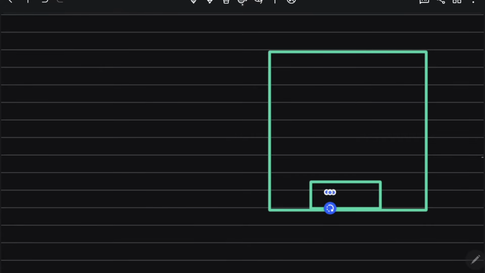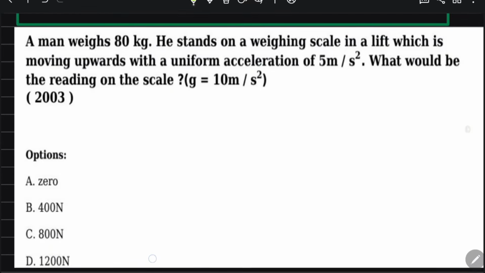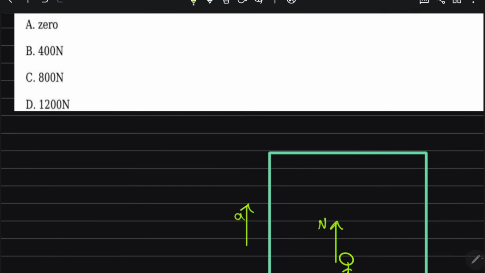The normal reaction is measured by the weighing machine, acting upwards, and mg force acts downwards. They are moving upwards with an acceleration of 5 meter per second square.